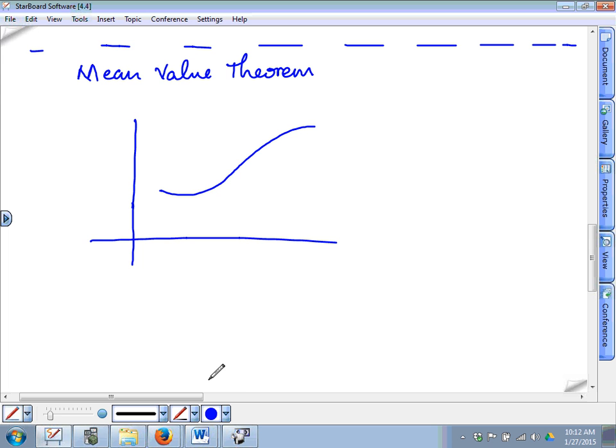Mean value theorem for integrals. C, that's one mean value. So draw that function and let's locate it between A and B right here. Okay, what's happening?